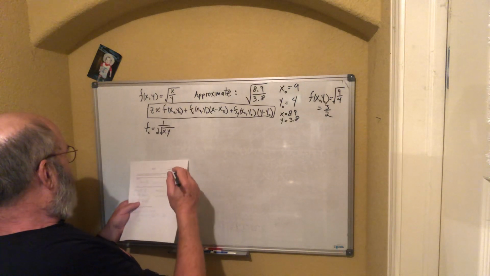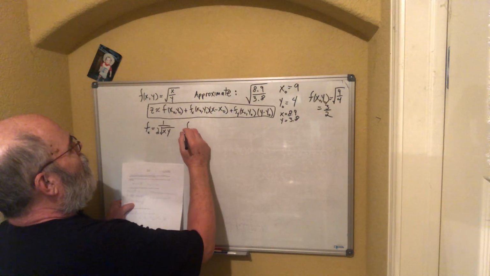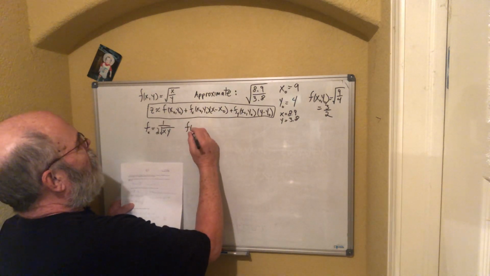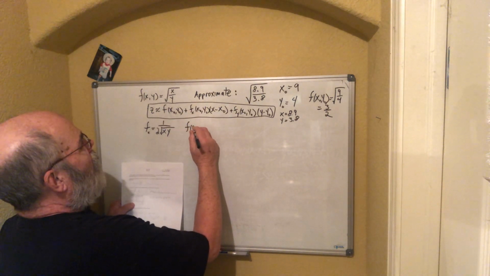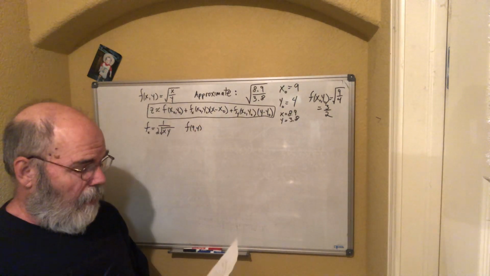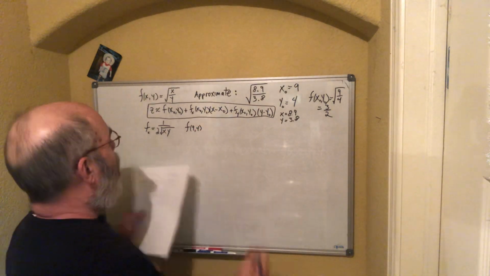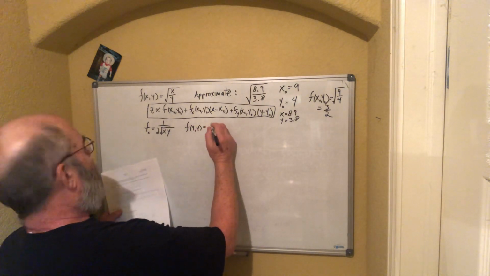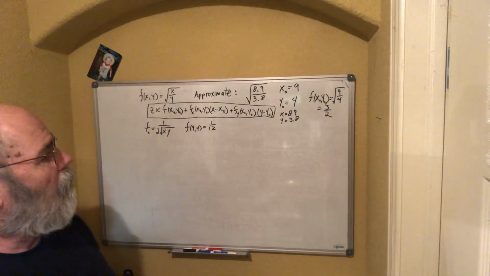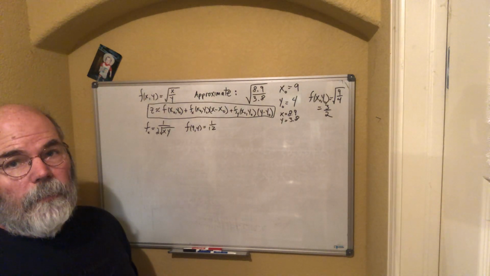And in particular, in this expression, we need that derivative at x naught, y naught, at 9, 4. And it's easy enough for you to verify that that number comes out to be 1/12.